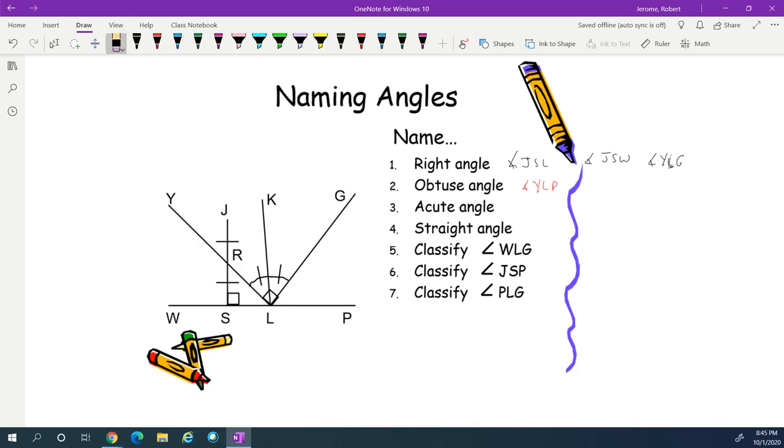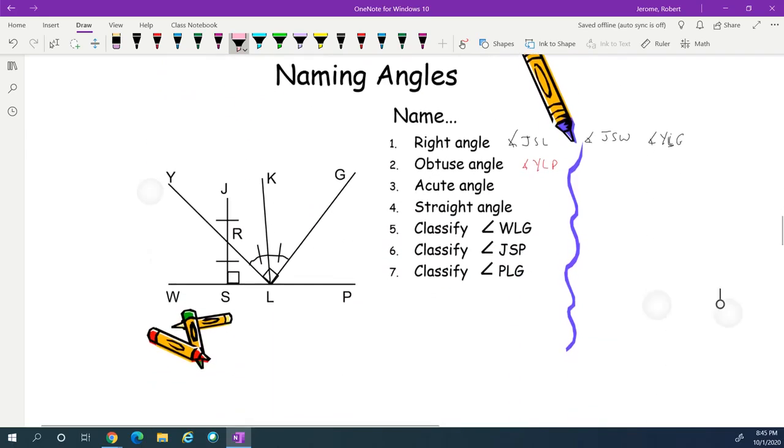And there are several. We're just picking one or two to look at here. What about something like angle JRL? That's definitely more than 90. So angle JRL. There's a handful of them here. I'm just trying to give you guys a little bit of an example.